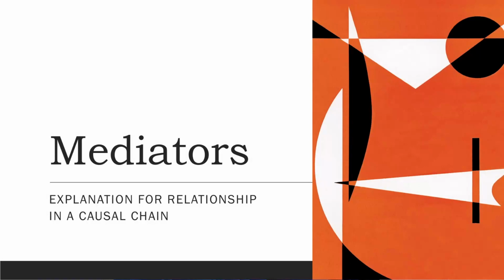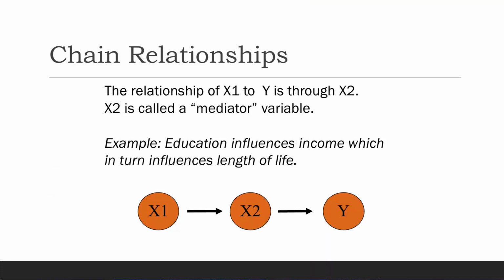In this case, we're going to look at an explanation for relationships using a causal chain. So a chain relationship allows us to look at how one explanatory variable affects a response variable, but may affect it because it could be explained or is going through an intermediate variable, which we call a mediator.